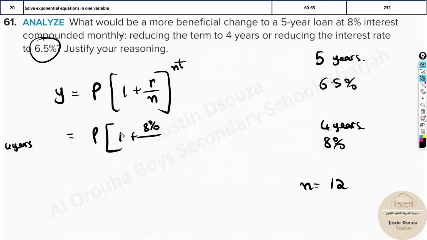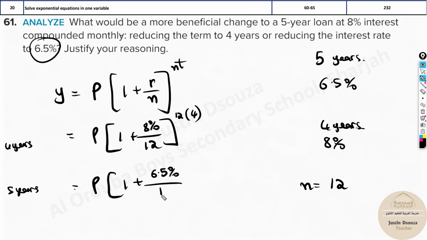So n is 12. The power is 12 times t, which is 4 years. Now if it is 5 years, the same formula, only thing is P is unknown. It will be 1 plus the rate of interest changes, 6.5% divided by 12, and over here it is 12 times 5.